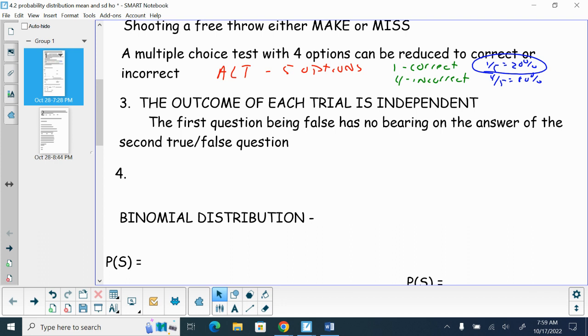You have that wackadoodle teacher. Gives you 10 true and false questions. He makes every one of them false. You do the first one. First one comes up false. Do the second one. Oh, I know that one's false. You got false there.